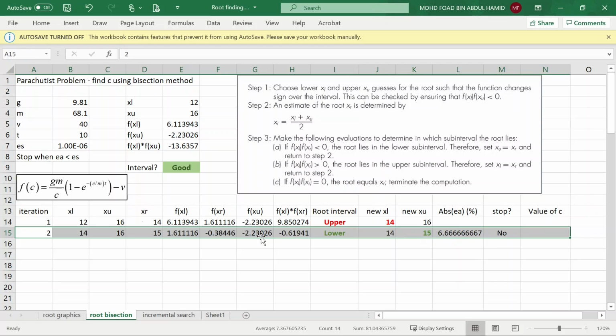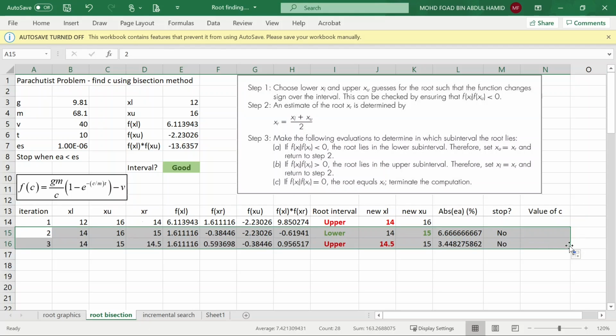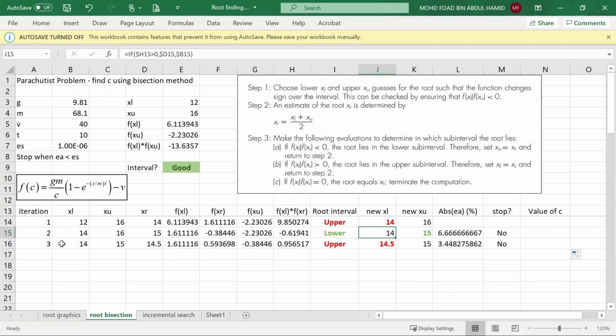So let's move to the next iteration, which is number 3. And you see that now the lower interval is still 14, but the new upper is 15.